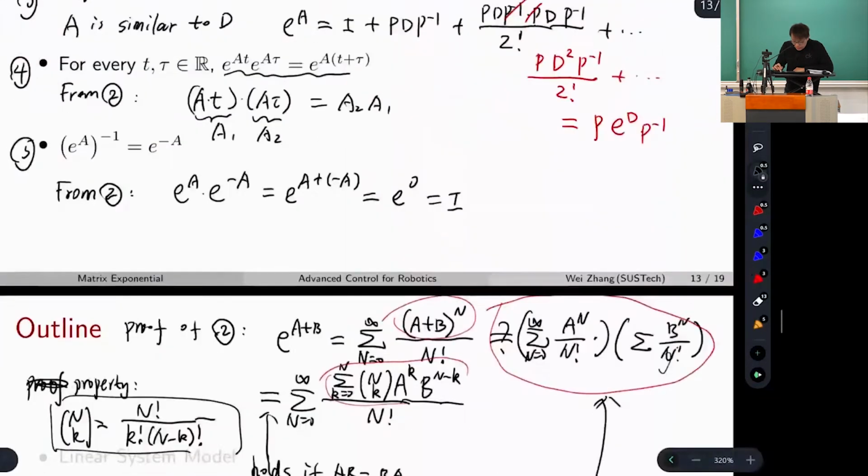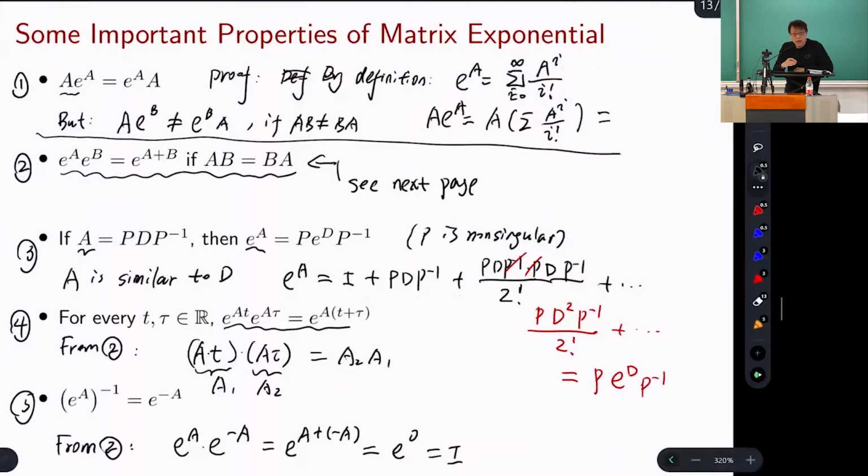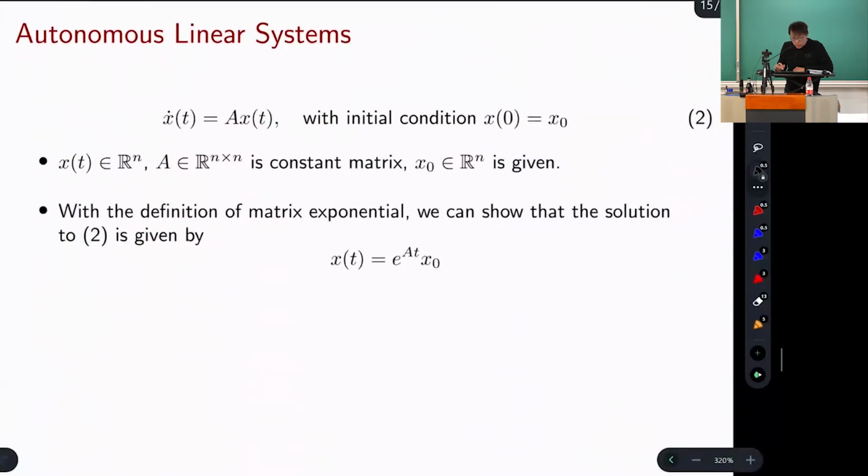That's roughly this property, and I hope you can remember this. I hope I convince you that all this can be carried over to the matrix case. The reason we introduced the matrix exponential is that it's a nice way to generalize the scalar ordinary differential equation solution to the matrix form, to the state space form.